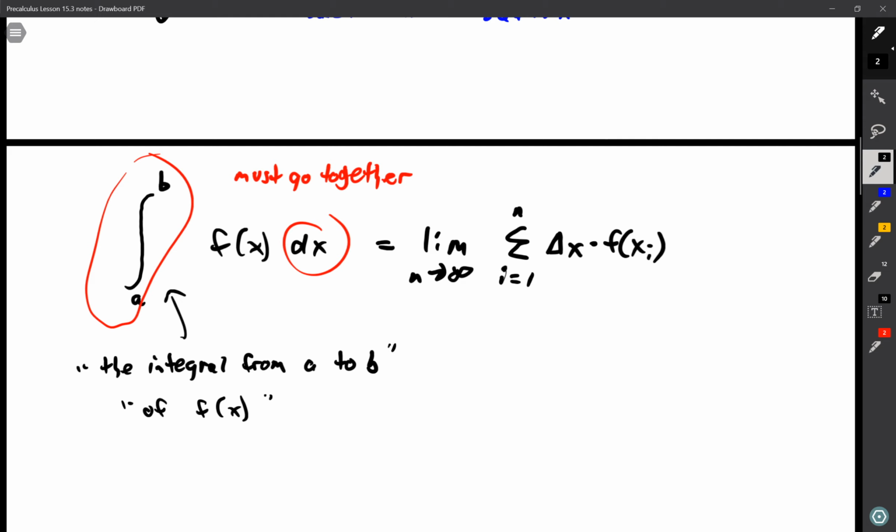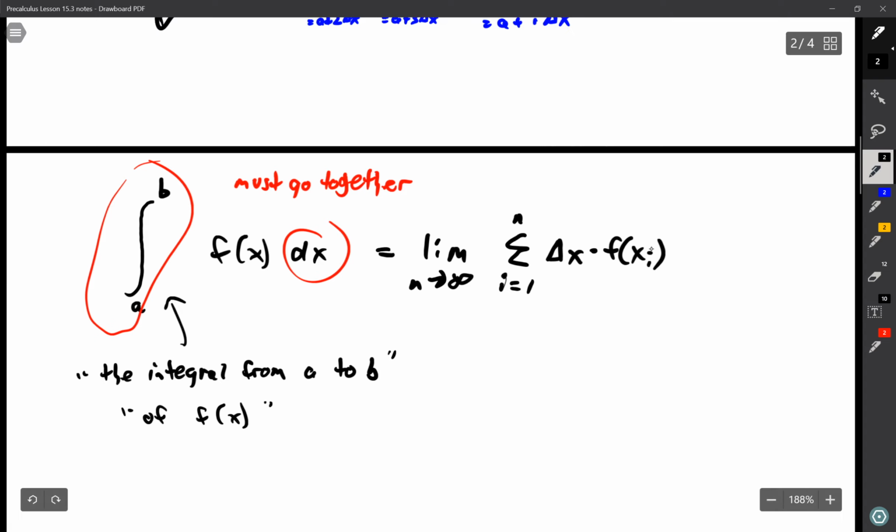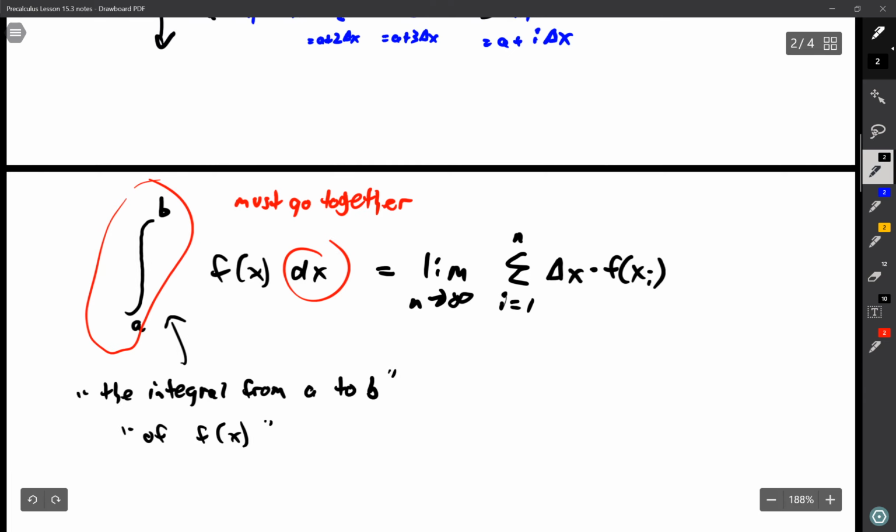So i equals 1 means evaluate the function with the first x value plugged in times the width of that rectangle, plus find the height using the second x value, because now i is 2, times the width, plus, because of the sum, now i equals 3, etc.